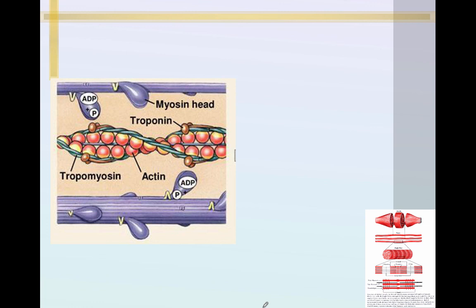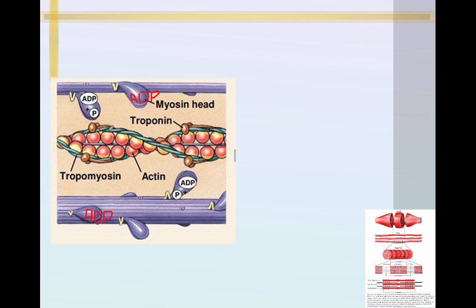Here's a slightly different depiction. And so again, the ATP is bound to the cross bridge and it's been hydrolyzed. Now there will be ADP and phosphate here as well. They've been a little bit lazy. All of these cross bridges, when the muscle is at rest, will have ADP on them because ATP has bound and been hydrolyzed, and so all of the cross bridges have ADP, not just the 2 that they've shown you.